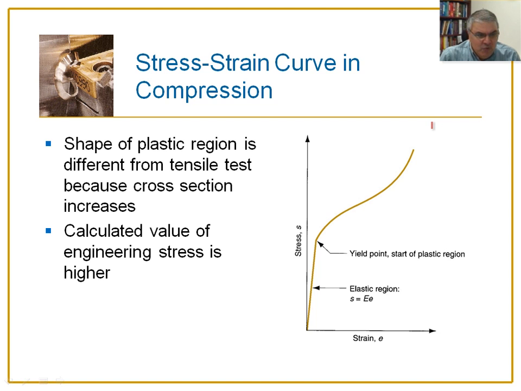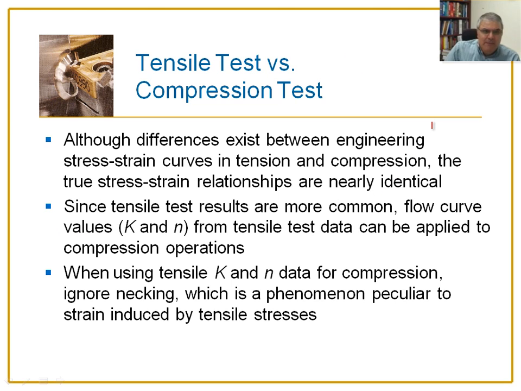And of course, the calculated value of engineering stress in this case is higher. So let's compare the tensile tests versus compression tests. There would be differences between the two. However, the stress-strain relationships are nearly identical.